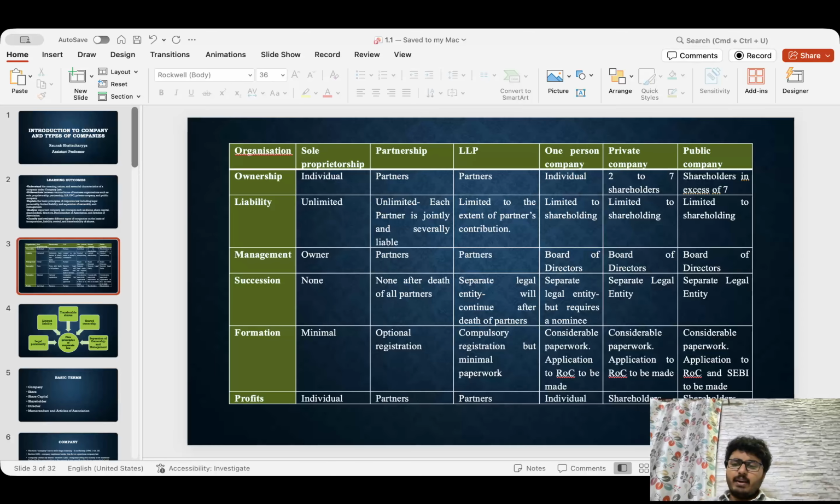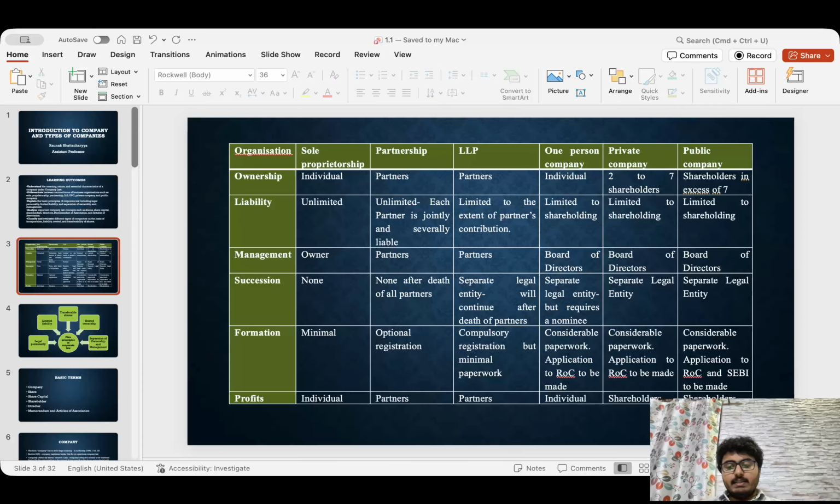A sole proprietorship is owned and managed by a single person with unlimited liability. A limited liability partnership or LLP provides the limited liability protection while maintaining the flexibility.